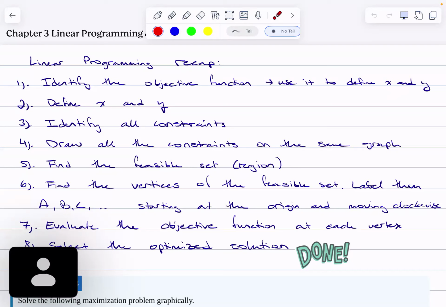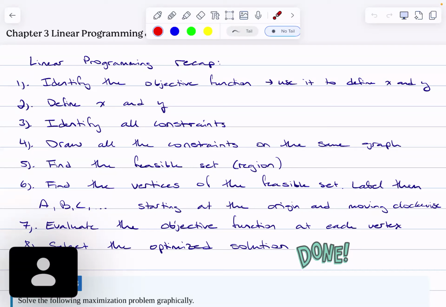We have to talk about x and y in both scenarios. So then I use that to define x and y generically. Then identify all the constraints. That's the tricky part, to read the problem and figure out what my constraints on the x, y combinations are.